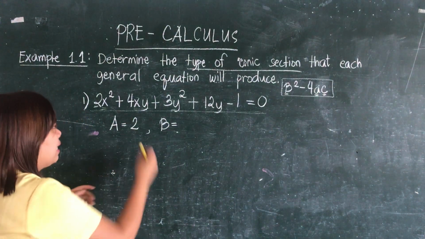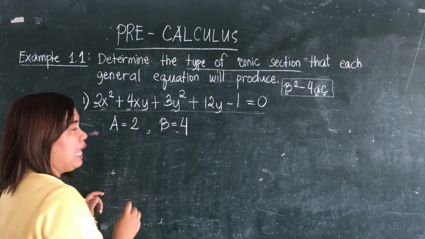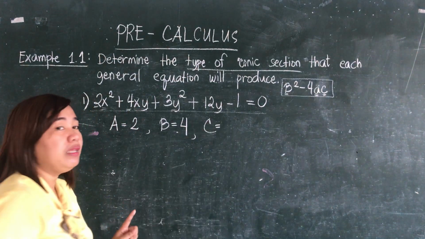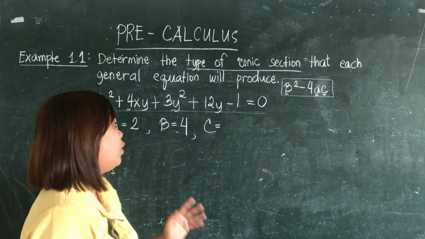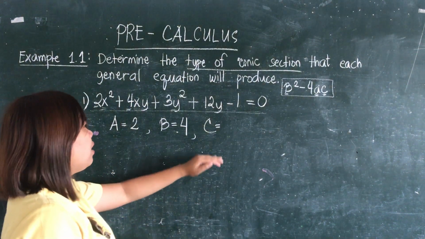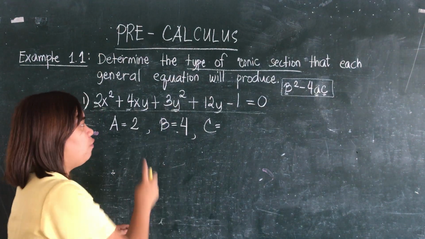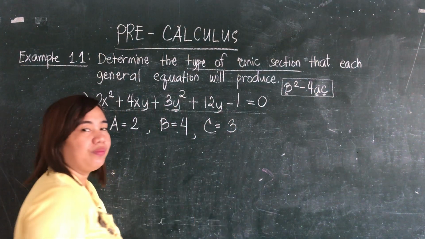That will give us 4. So therefore, the value of b is 4. And lastly, the value of c. To determine the value of c, it is just the coefficient of our y squared. The coefficient of y squared, as you can see here, is positive 3. So therefore, value of c is 3.